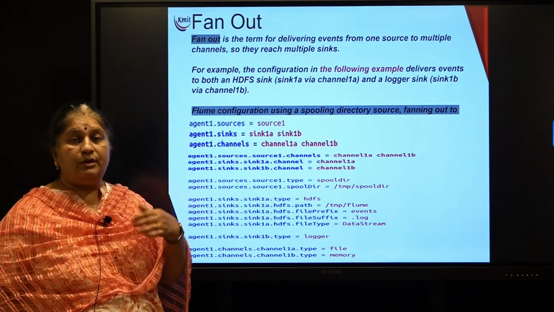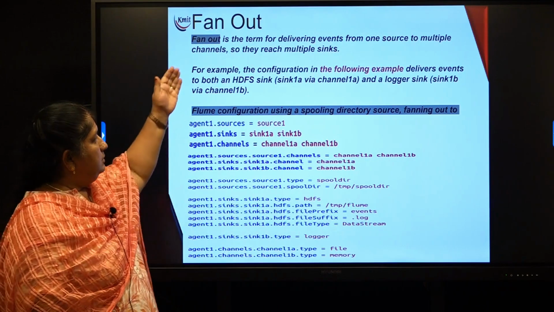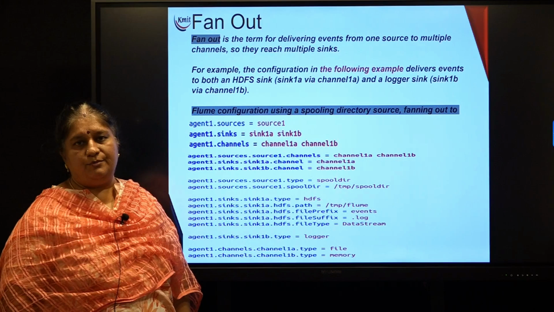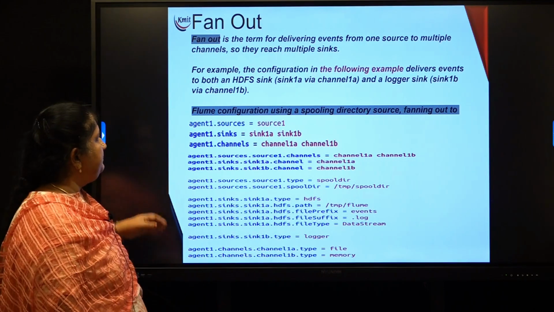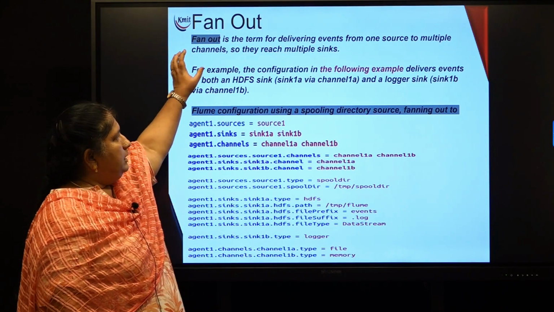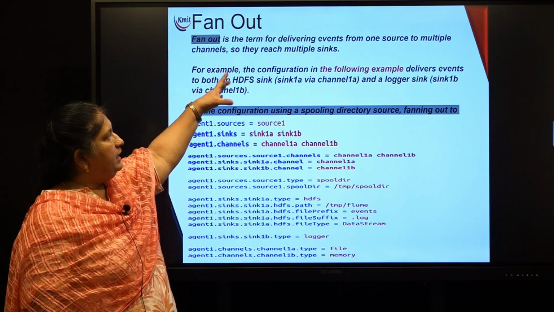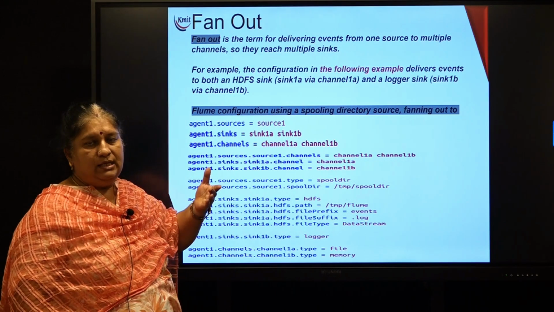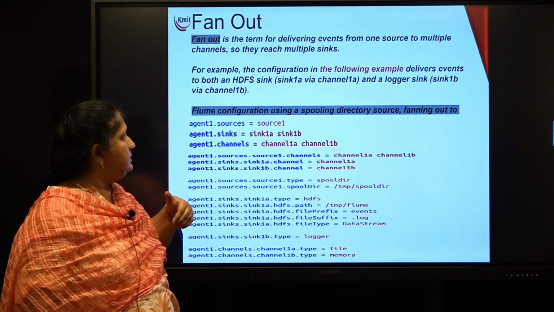Now fan out increases the number of channels at the same time. Multiple sinks can receive the information from multiple channels. So fan out is the term used for delivering events from one source to multiple sinks using multiple channels.